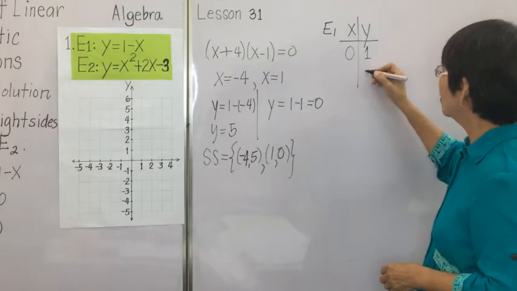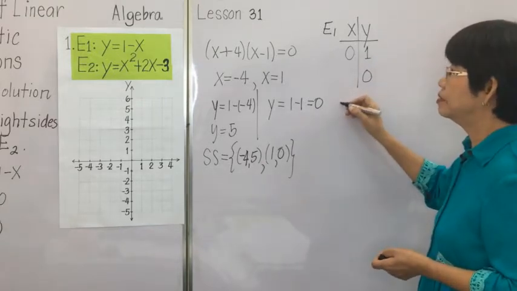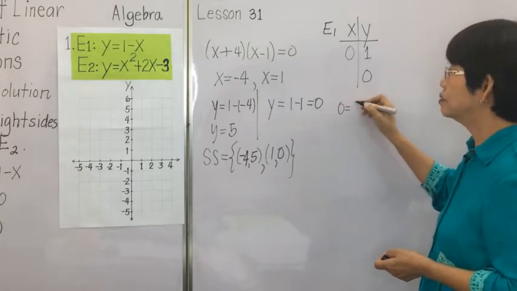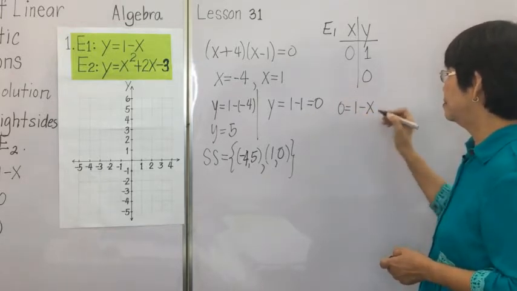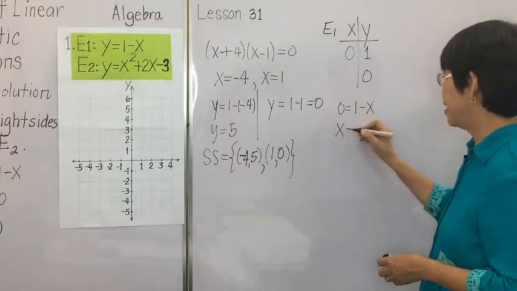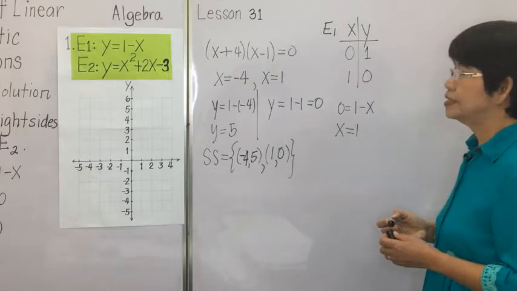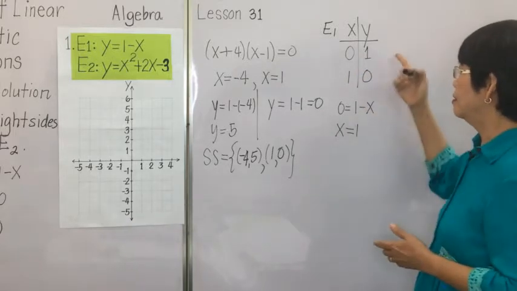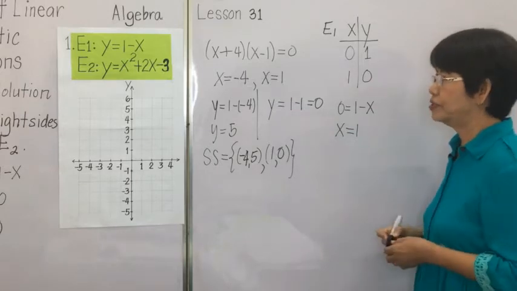And when y is equal to 0, we have 0 is equal to 1 minus x. So we just transfer x here. So x is equal to 1. So this is our x and y intercept for equation 1.